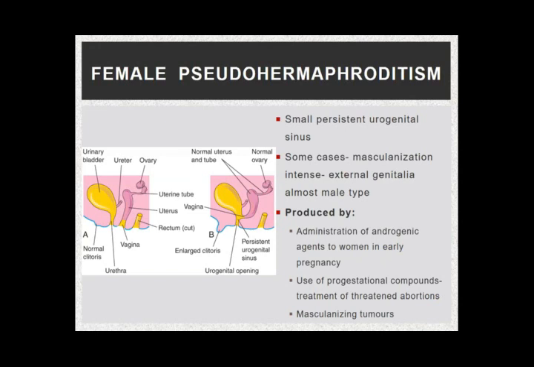That results in this abnormalities. Another unfortunate condition may be that the mother may be suffering from any tumor of the ovary or anywhere that produces androgenic hormones, इनको masculinizing tumors कहते हैं. A tumor that produces androgenic hormones.